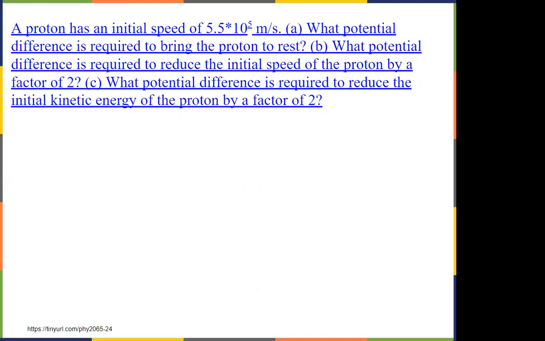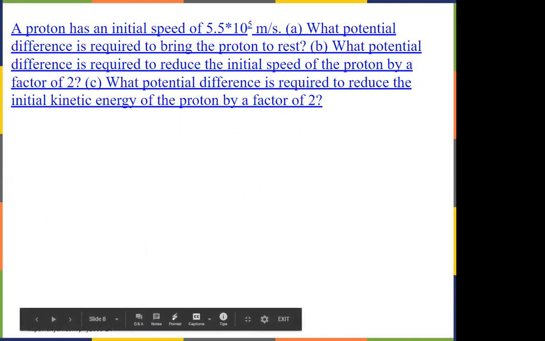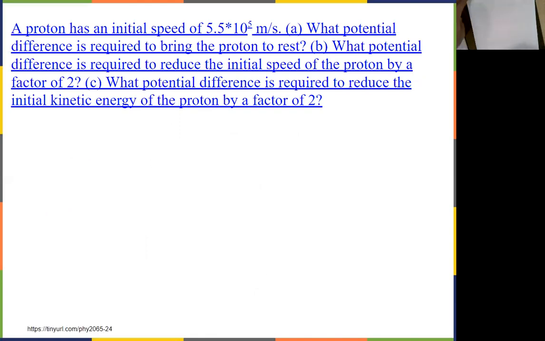We'll take a look at one example here. This one says a proton has an initial speed of 5.5 times 10 to the 5th meters per second. There is some information that is hidden here.